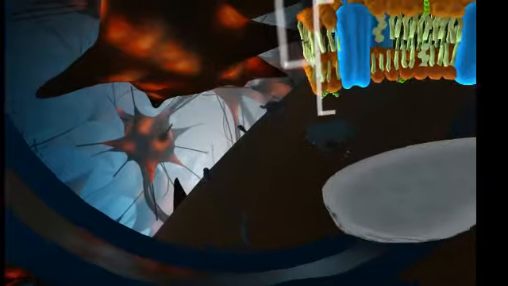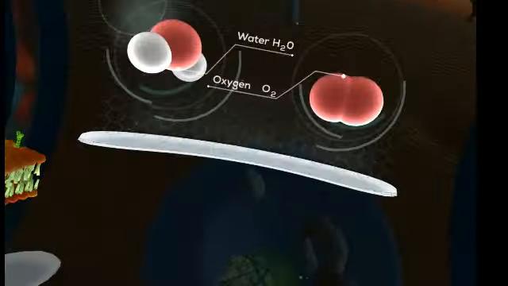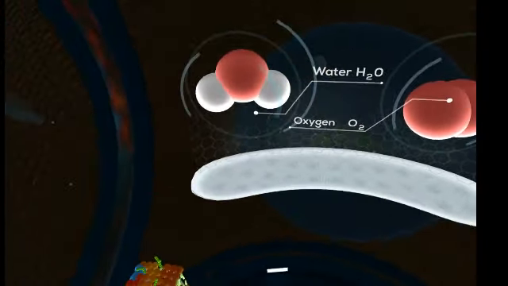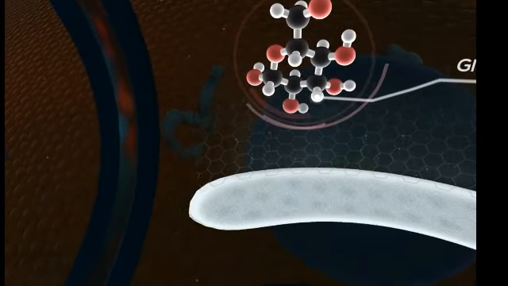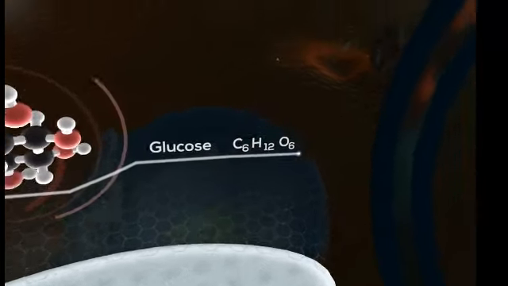Water and oxygen pass freely through the cell's membrane. Larger molecules, like glucose, enter through small pumps or channels.